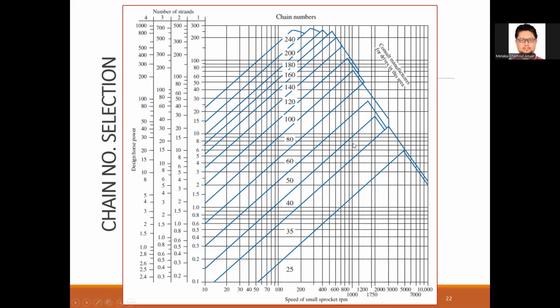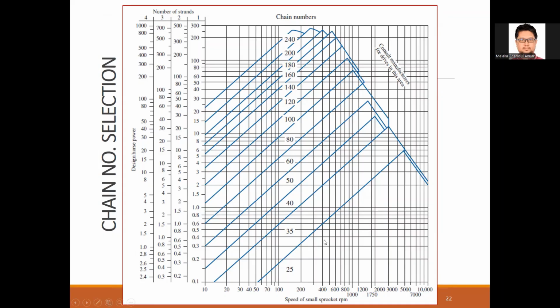Why do we do that? In terms of kinematics, they don't do much, but in terms of power transmission and also for load distribution, that can maybe reduce the stress on each chain strand, and that will increase the operational lifespan of the system.